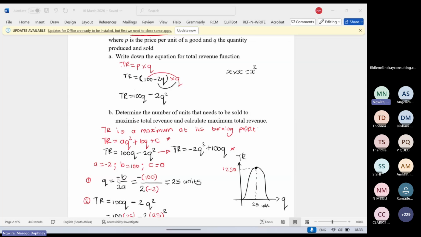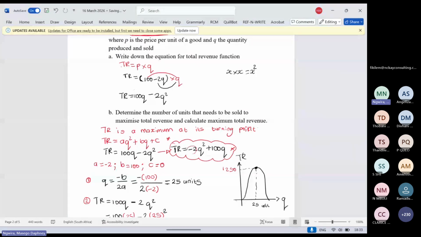And then a gentleman said we should write it in this format. If you compare these two formulas, TR equals AQ squared plus BQ plus C, I said to you, whatever is next to Q squared is your A.